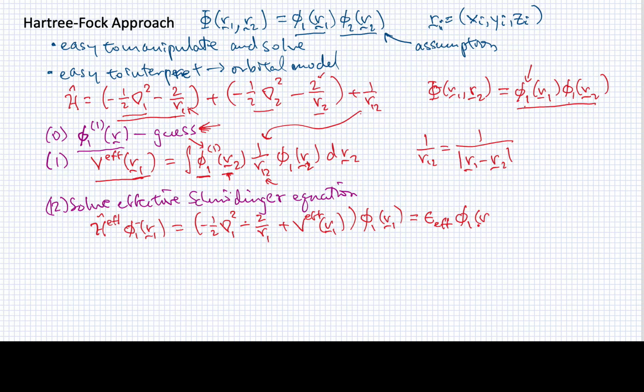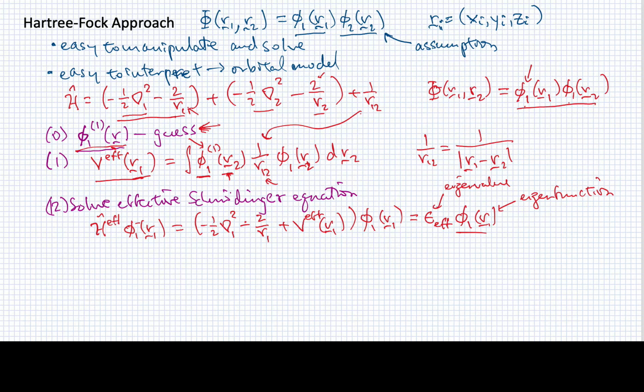times this wave function. All right, so the solution for this equation is going to give us an eigenvalue, and it will also give us a new eigenfunction. Now I want to be clear that this function that we get out of this equation is not necessarily the same as the one that we put in at the beginning.